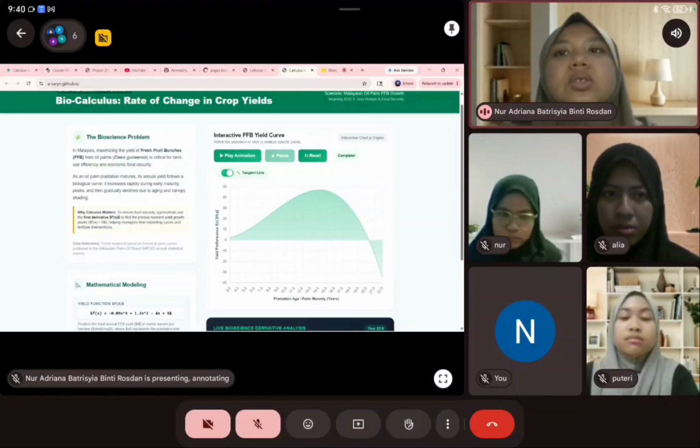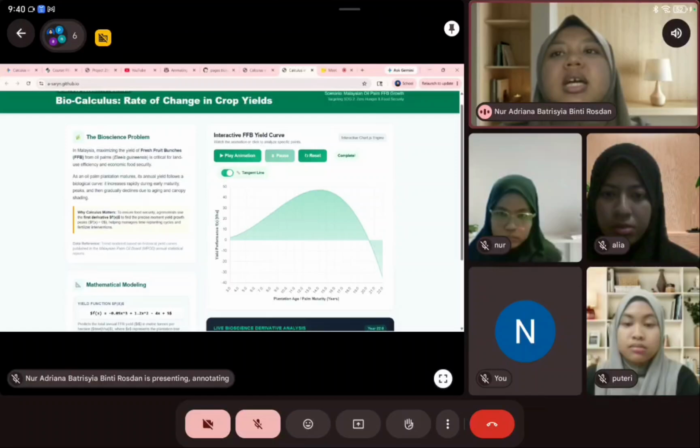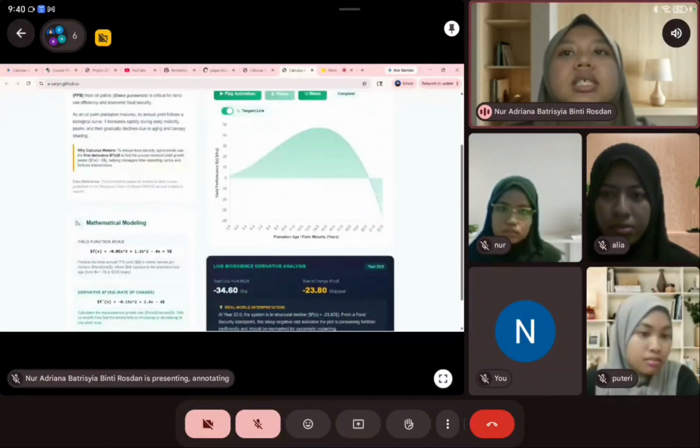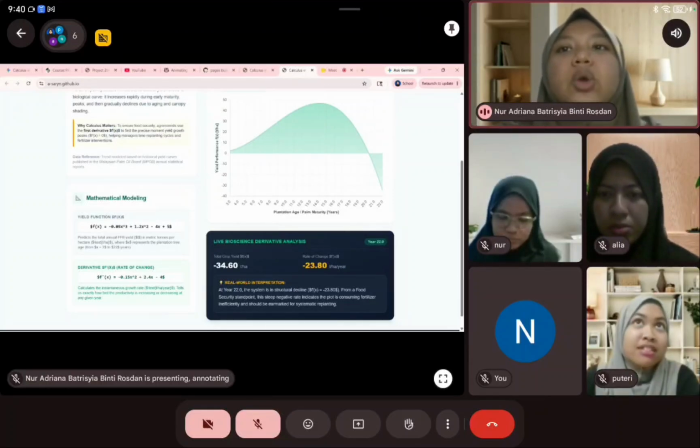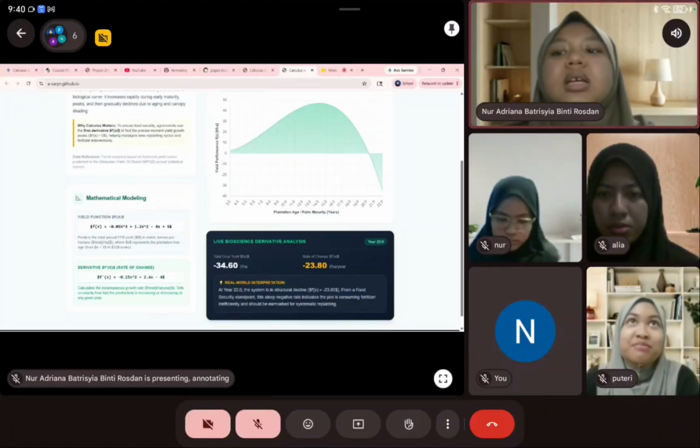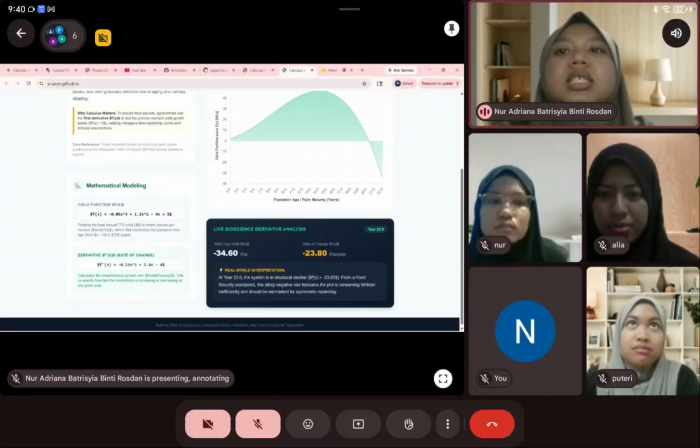Second, precision resource allocation. Knowing the rate of change tells managers when the plant is hungriest. A high positive derivative means the crop is growing rapidly and requires heavy fertilizer inputs. The last one, strategic replanting cycles.